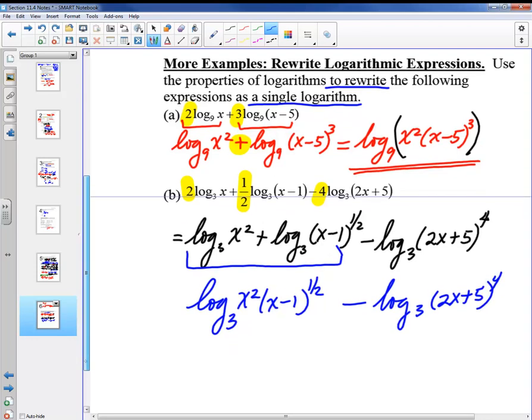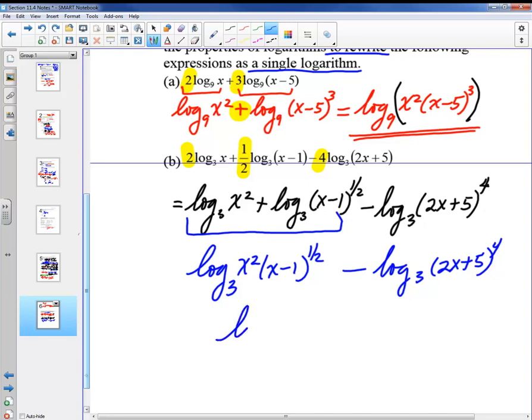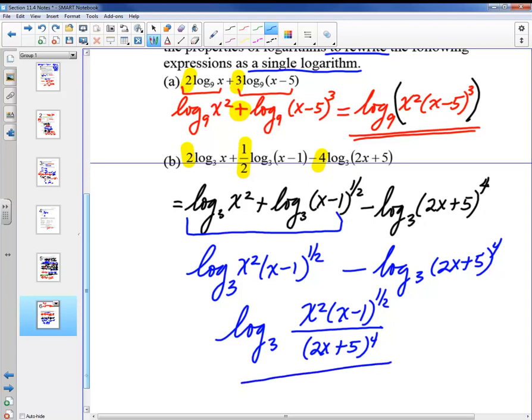Now we take care of the minus, so that will be log base 3 of x squared times x minus 1 raised to the 1/2 over 2x plus 5 raised to the 4th power. If you want to change that 1/2 into square root, that's okay, but that will be the rest of it.